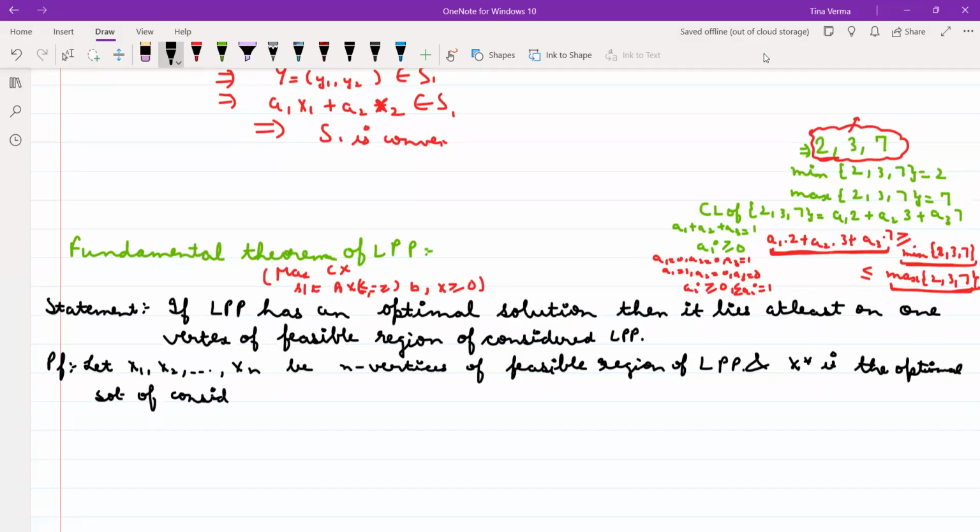Whatever LPP we took, that means I have taken the LPP maximize cx. Now case one here can be the simplest case: if x star is a vertex.